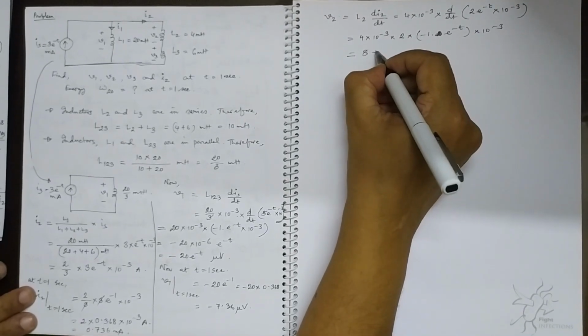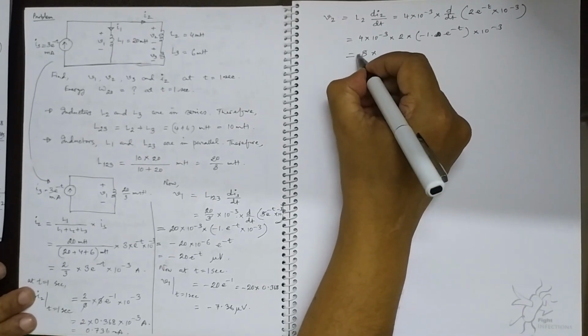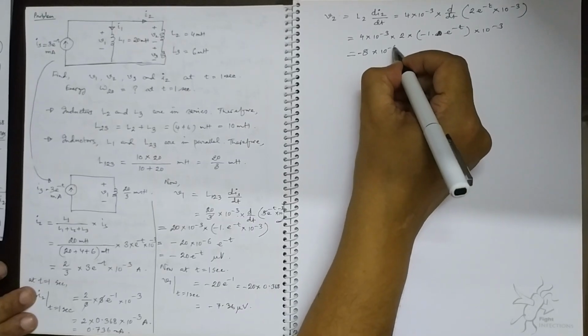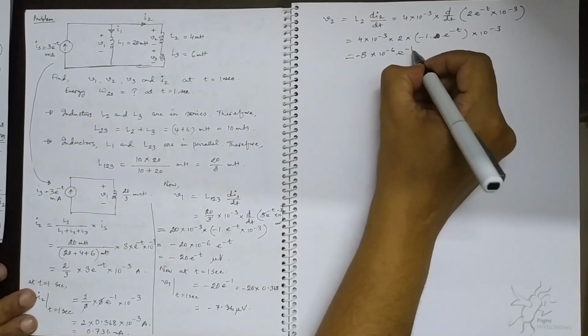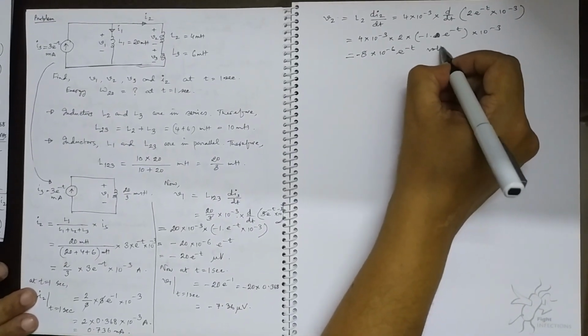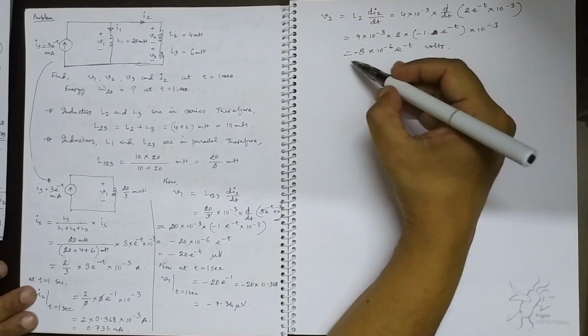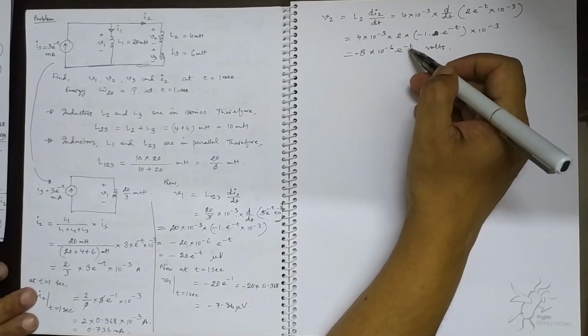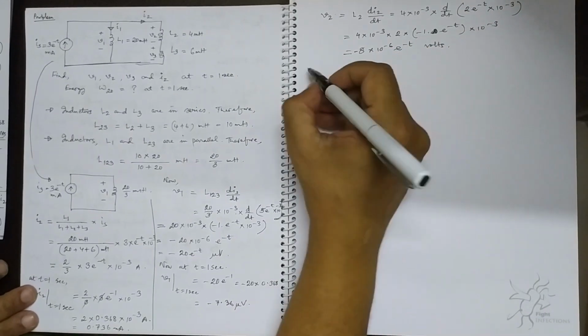Which gives us minus 8 into 10 to the power minus 6 e to the power minus t volts. Or you can write minus 8 e to the power minus t microvolt.